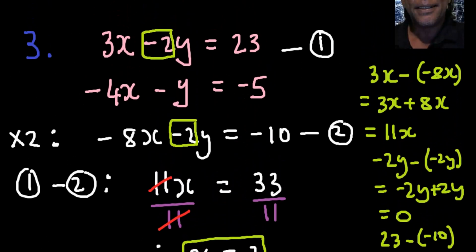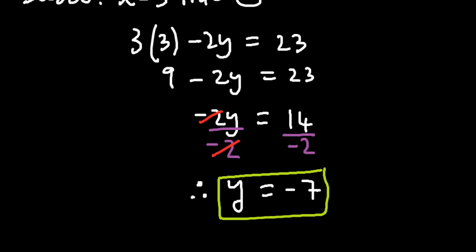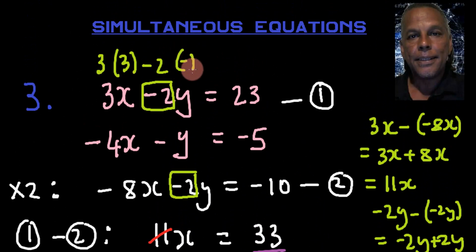We can check our answers by plugging back into the original equations. So 3 times x minus 2y, and we saw x was 3, and y was negative 7, will give us 9 plus 14, and this does come to 23.